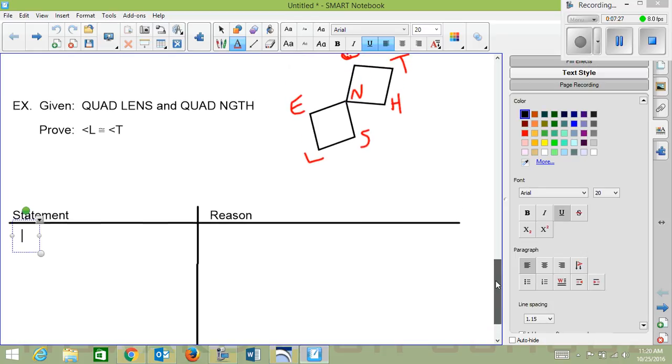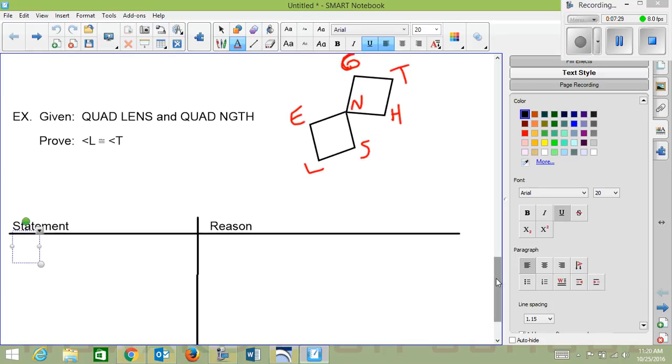LENS and NGTH are quadrilaterals, that is given.